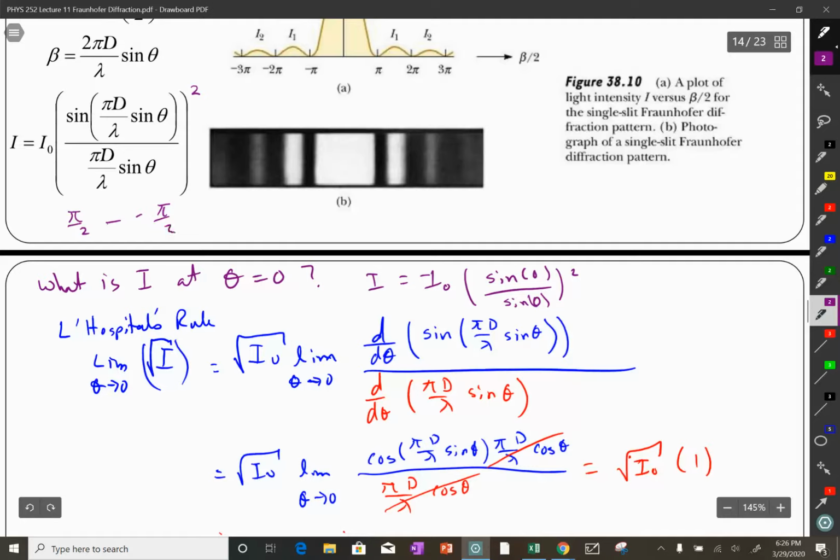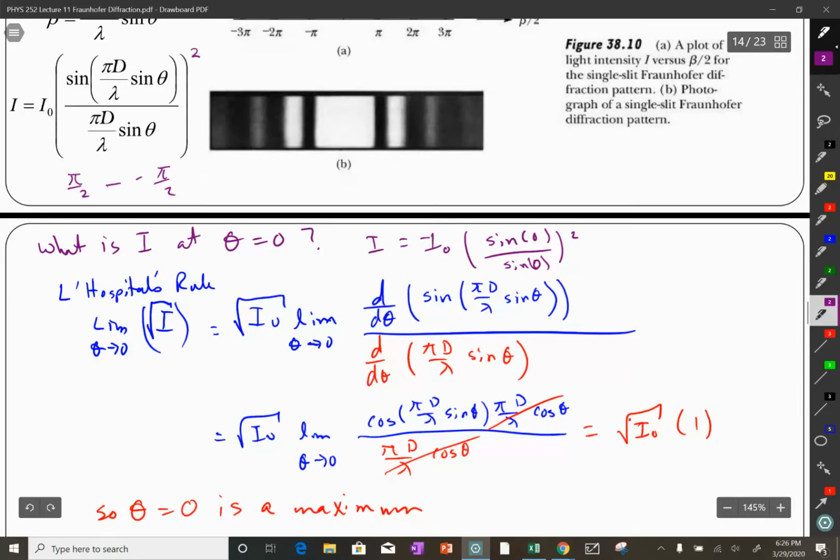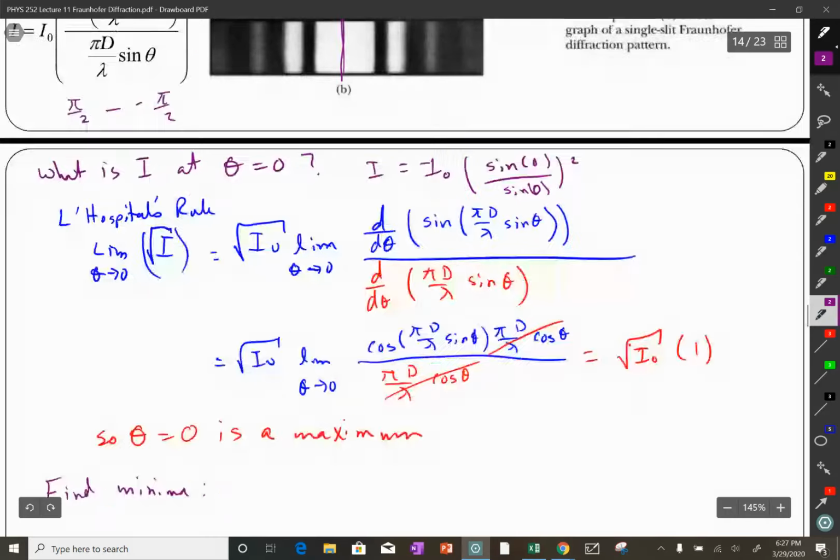That's our range, right? Your diffraction can't extend beyond pi over 2. So sine theta is just going to go to 1 at the extremes. We're just dividing by bigger numbers. We go out, so the magnitude is dropping as we go away from the center, which makes sense if you look at the picture. By the way, here is the center, and you see that was a peak.